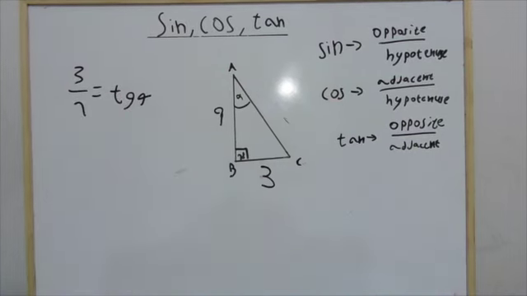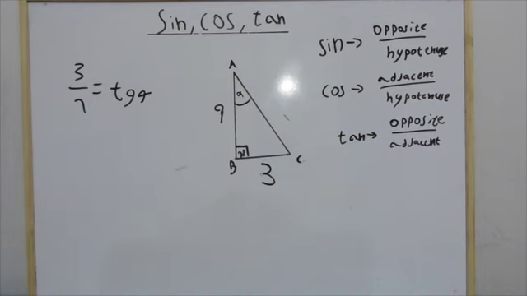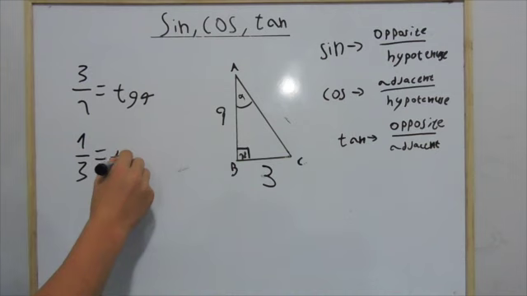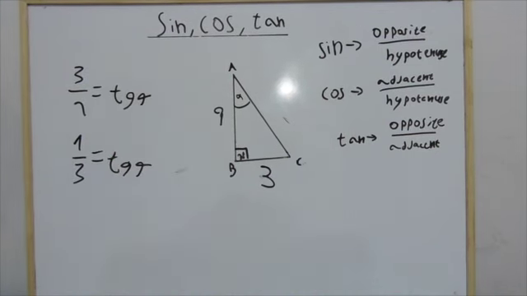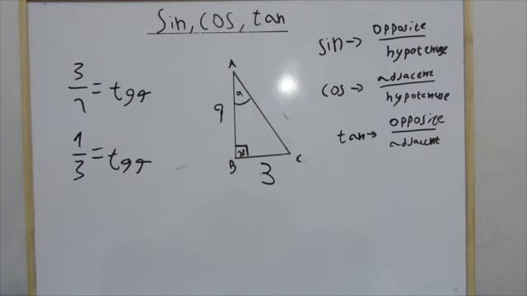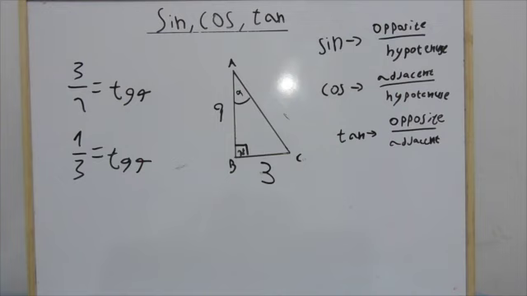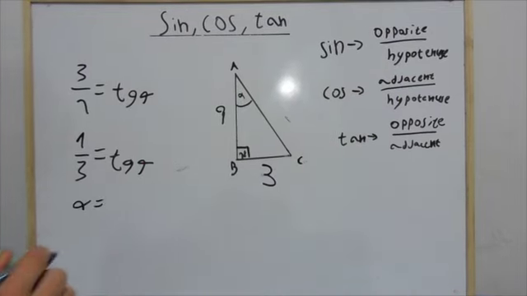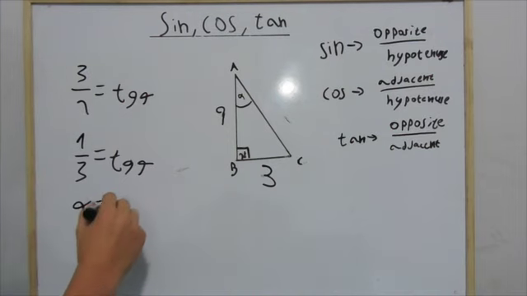Okay, so now 1/3 equals tangent alpha, and same thing, we go to our calculator, we press shift tan, and we put in our 1/3, so alpha equals 18.43.